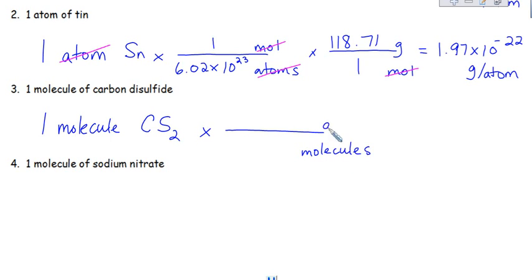Just switch it to grams right away. I know anytime I see atoms or molecules, it's the 6.02 times 10 to the 23rd. And whenever I see grams, I go to my periodic table. Now if it's a compound, I just have to add. So I'm going to take carbon plus 2 times sulfur.